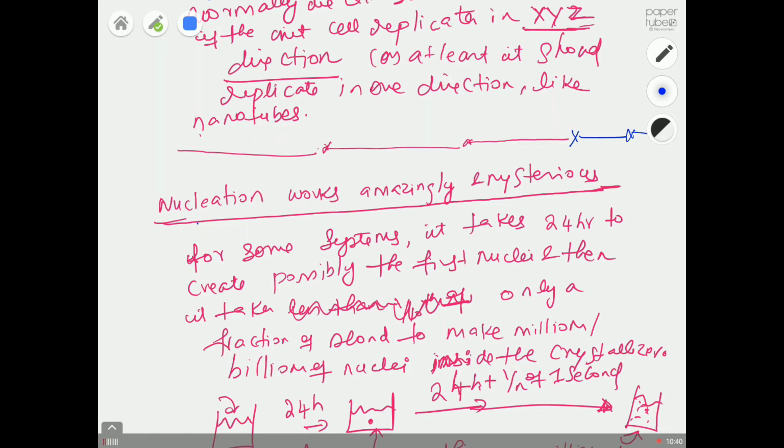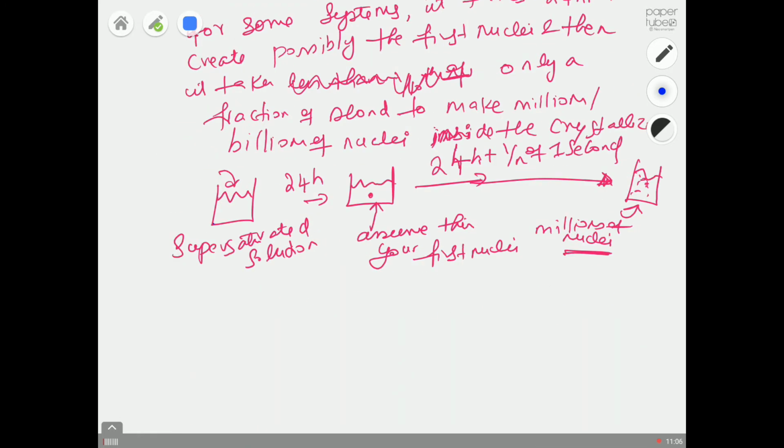So nucleation is amazing, but it is also mysterious. Whether you do this experiment in a lab, in a 100 ml reactor, or in a big industrial scale reactor, say 1,000 liters, the behavior will still be mysterious.